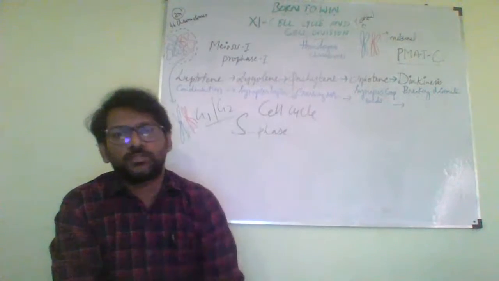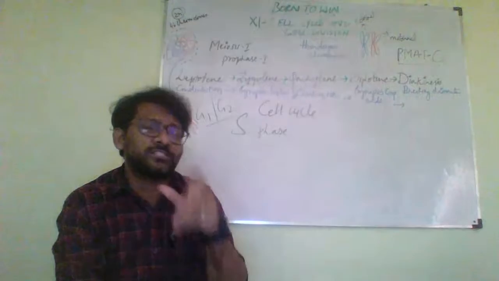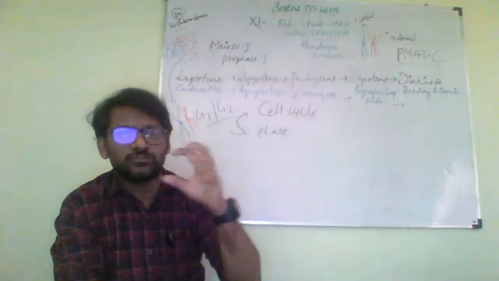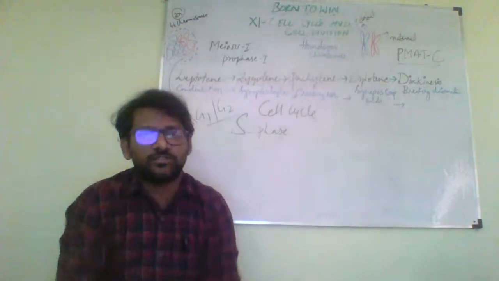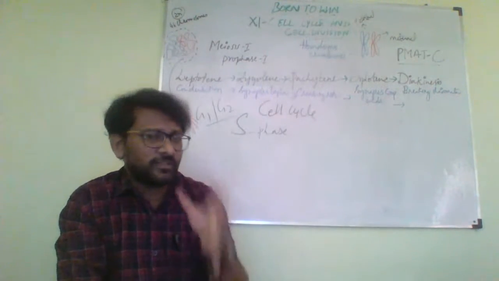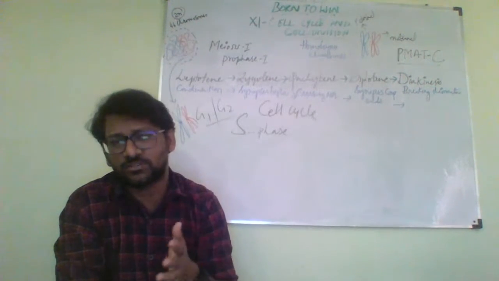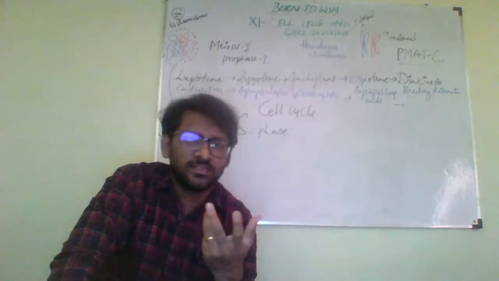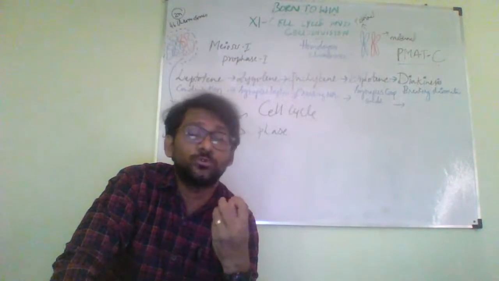So here we need to understand that it will undergo quality control checkpoints. It will be taking care of the integrity of the DNA, whether the DNA is proper, whether there are any errors. You might remember the DNA polymerases, and there are some exonucleases with exonuclease activity.